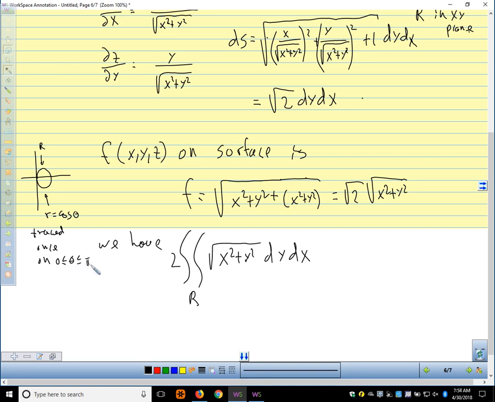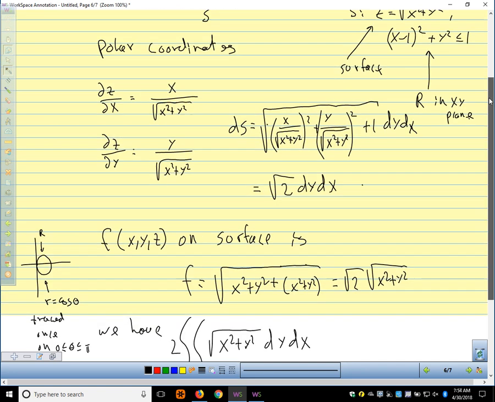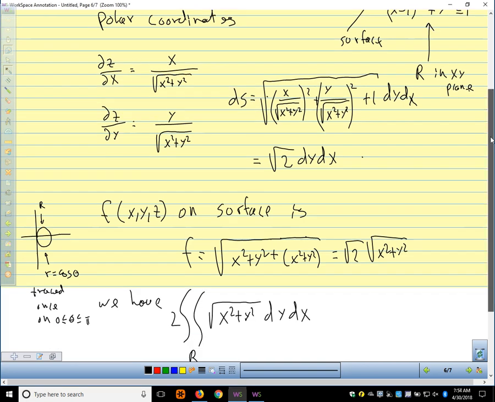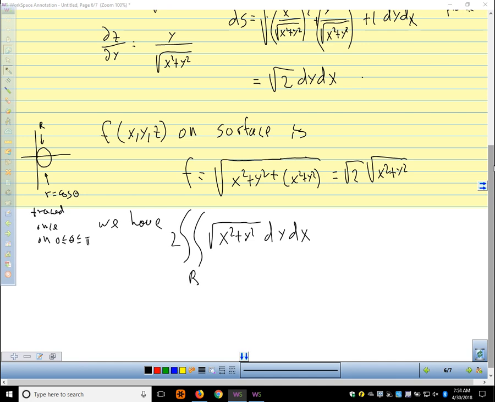You could get to the same place by plugging in r cosine theta here and r sine theta there and doing the algebra and simplifying, and you get r equals cosine theta. And our theta values go from 0 to pi, because we're going around once.